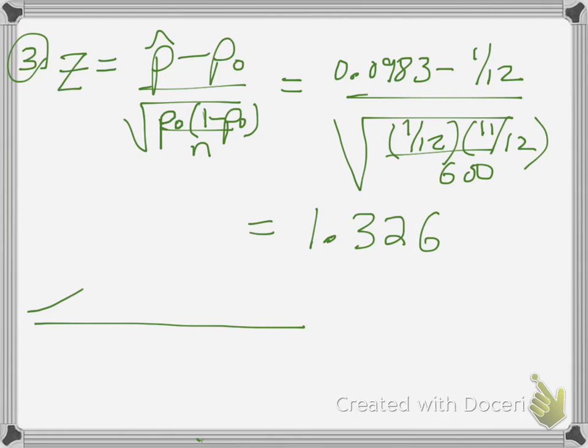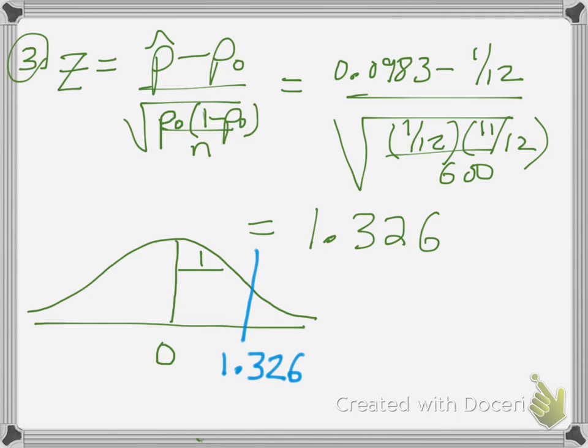What that's giving you is, on a standard normal curve where the center is 0 and the standard deviation is 1, a value right about here. And we want to know, from the direction of our alternative hypothesis, how likely is getting this value or more, it's a greater than, just by random chance.